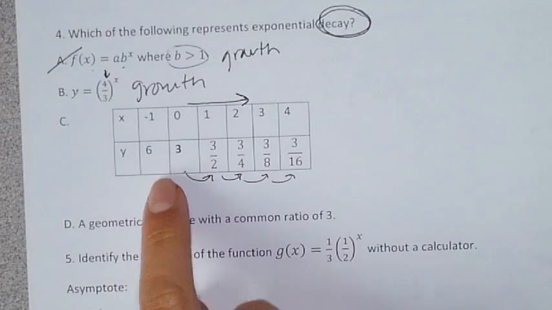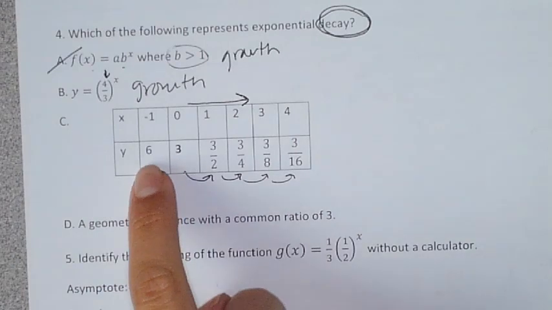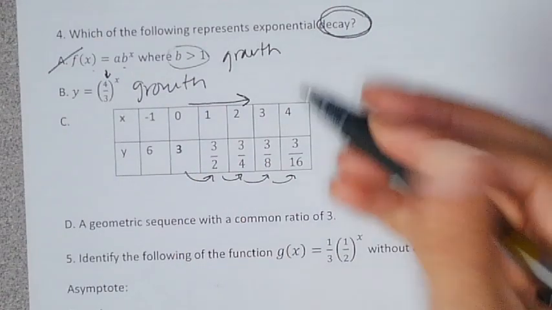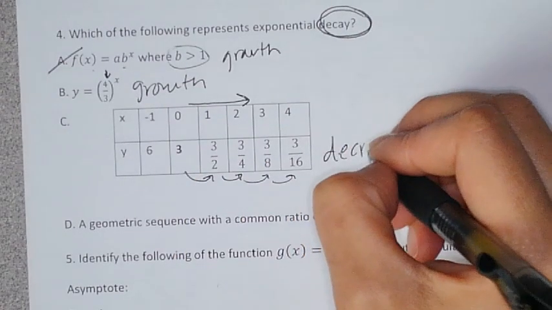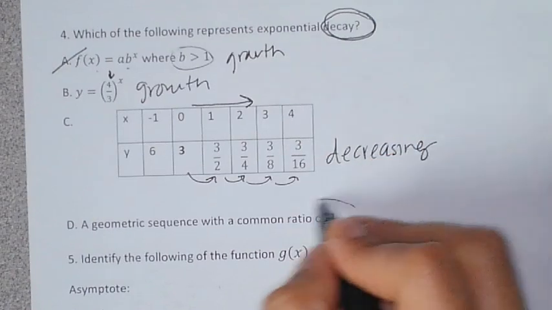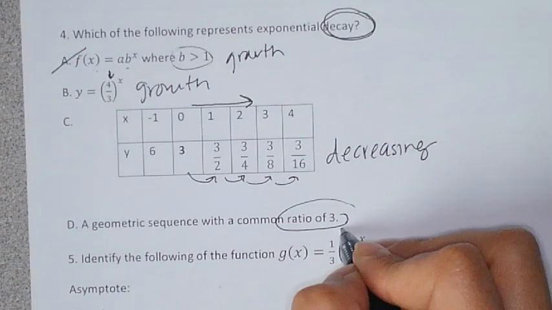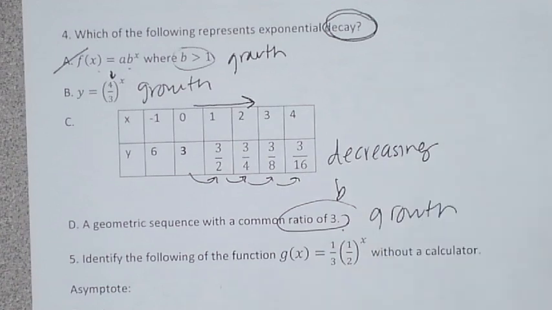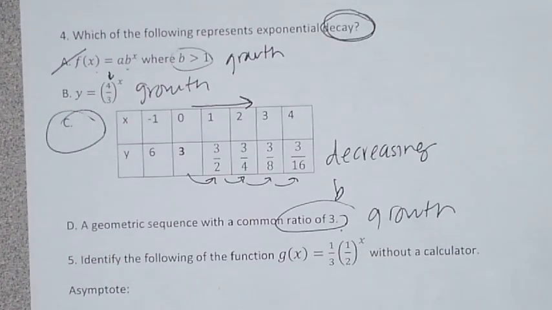Here would be from 6 goes to 3. From 3 it goes to 1.5 and so forth. So it is decreasing. Decreasing would be letter C.